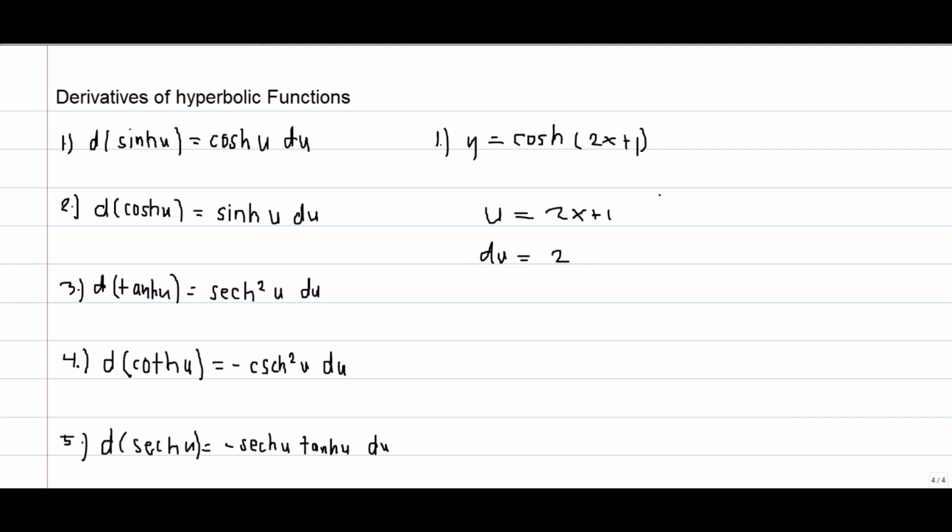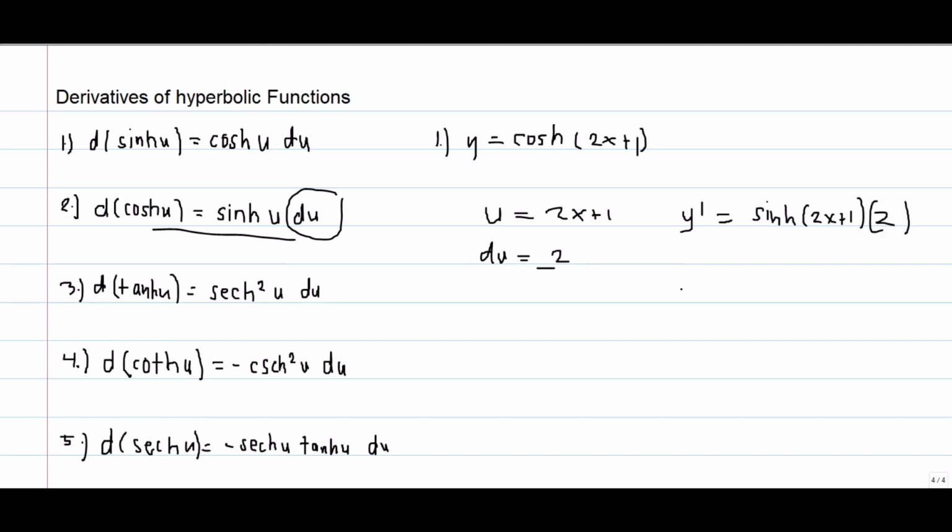Again, our derivative formula for cosh is sinh u du. So therefore, our y prime, or the first derivative, is equal to sinh of the quantity 2x plus 1, times du, which is 2.